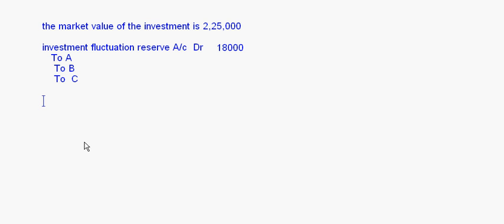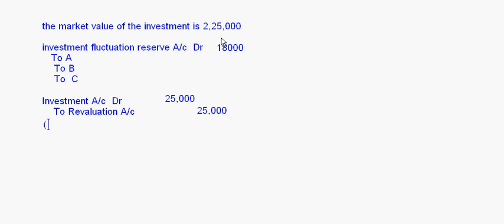The second entry will be the excess amount, that is investment account debit to revaluation account. Okay, so this will be your 25,000. The cost of the investment has increased, the market value of the investment has increased. The cost is 2 lakh, now it has gone up to 2,25,000, right?